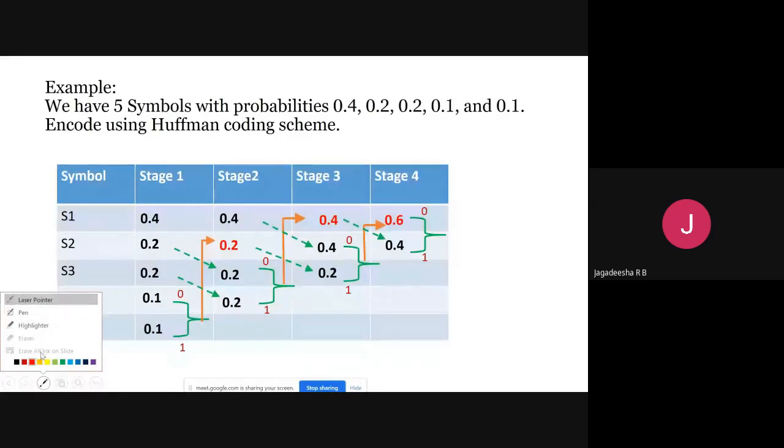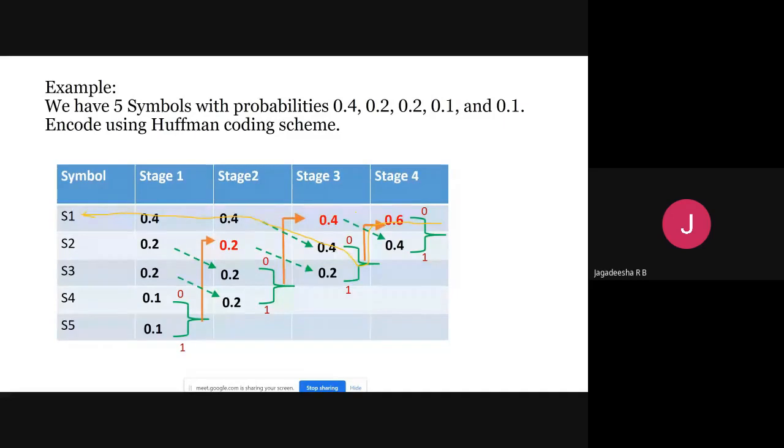Maybe I will use yellow color. Yes. So now I want to assign the code word for S1. So the backward path from here is this. I should go here down, and then I go here, and then here, and here, right? This is S1. I will get S1 here.